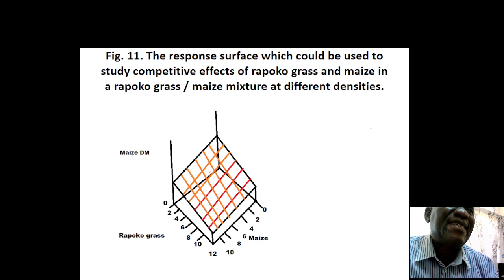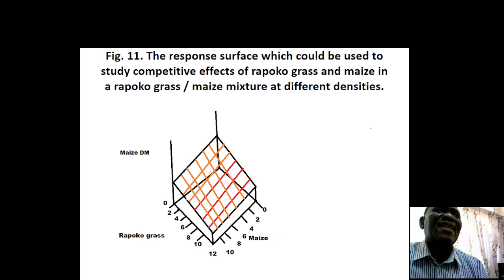You may need this kind of a graph, which is a three-dimensional graph, where you look at the surface, where those red or brown squares, if you wanted to find out what is happening to your maize dry matter and the combinations of maize and rapoko grass.